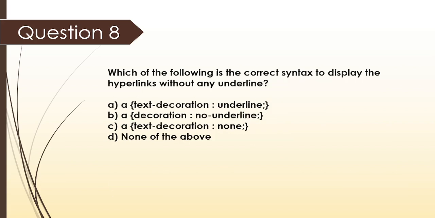Okay, next question is, which of the following is the correct sequence to display hyperlinks without any underline? So hyperlinks, whenever you want any active link on your website, but you don't want any underline here, you want link like this only. Okay, so what you can write here is, you can write a.